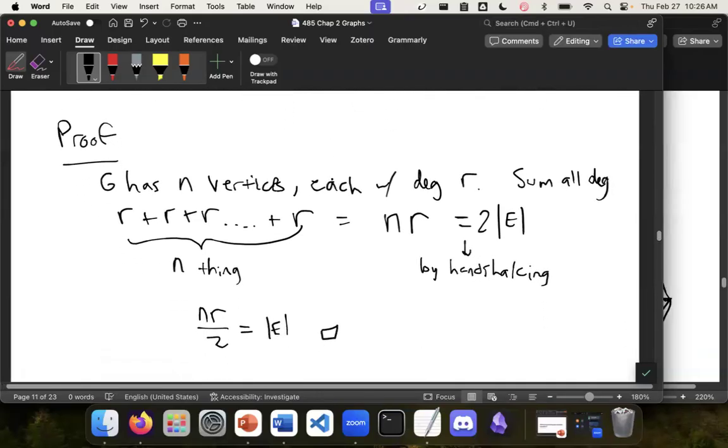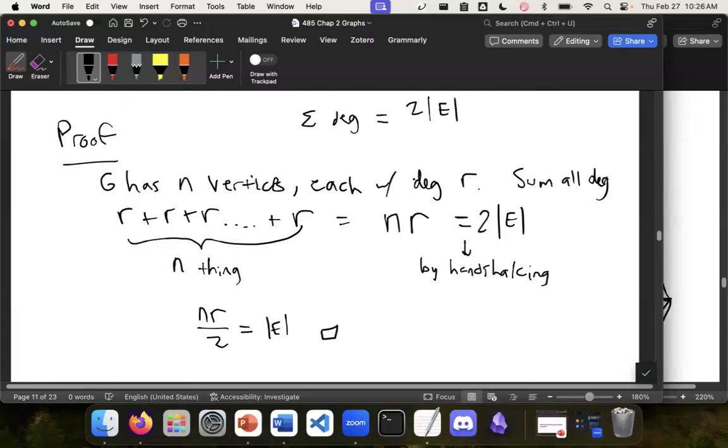And the way we prove that is, okay, we've got a graph with n vertices. Each of them has degree R. We've got a theorem for the sum of all of the degrees of vertices. That's the handshaking lemma, where the sum of all the degrees is equal to 2 times the number of edges.